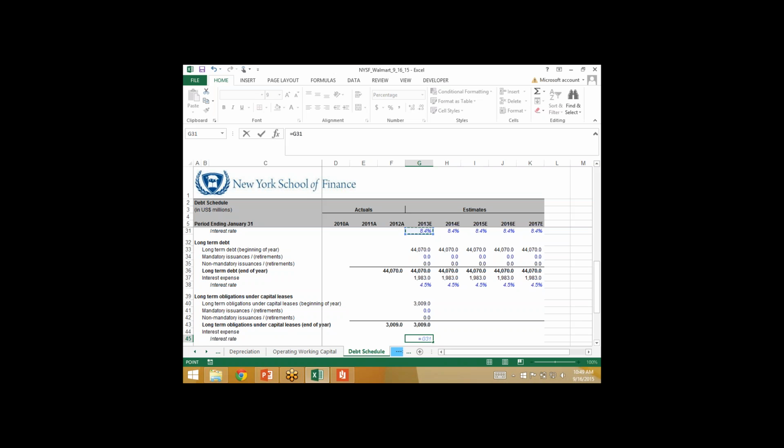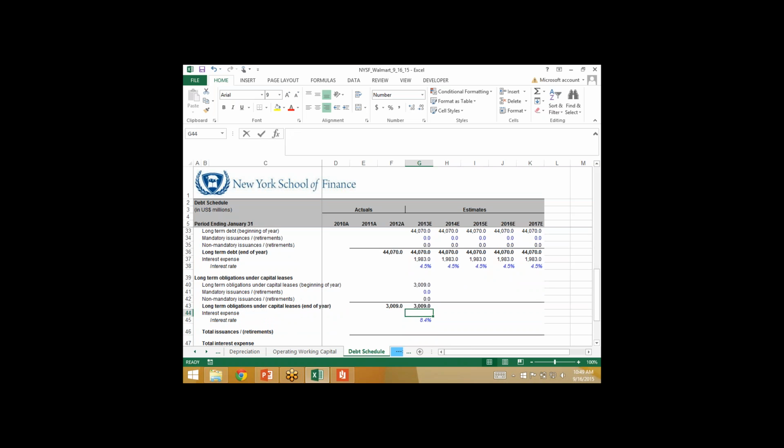So I'm going to pull in that 8.4 from above, and I'm going to use the average formula again. This year, end of year, beginning of year, times the rate.